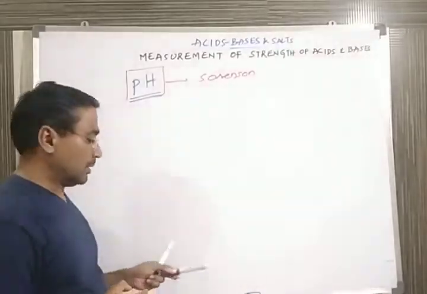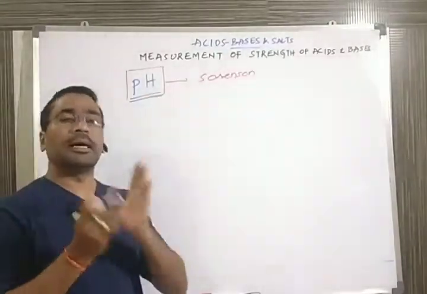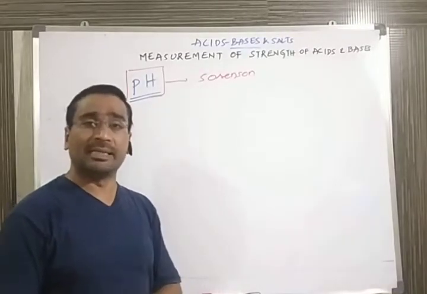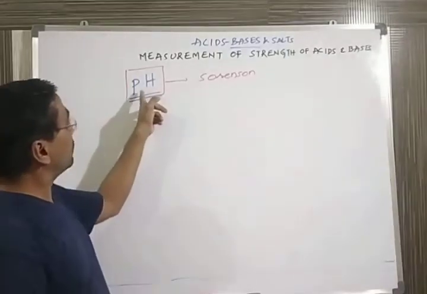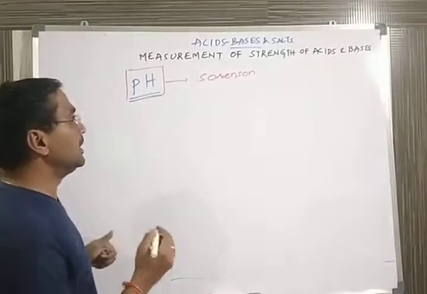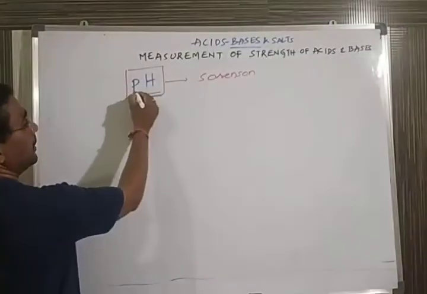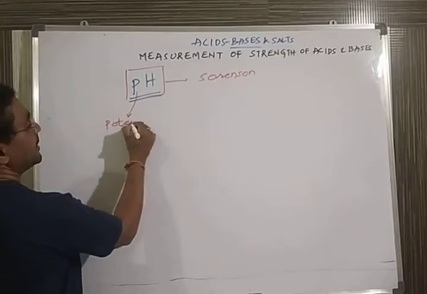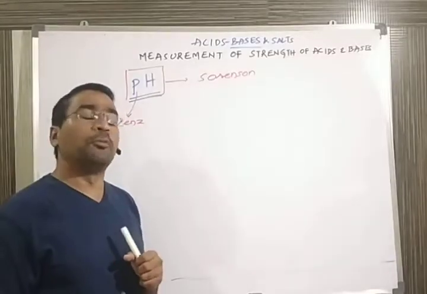Sorensen did work on a number of acids and bases, and he gave us a summary. So first let us know what this pH is. In the term pH, the first letter P stands for potence.